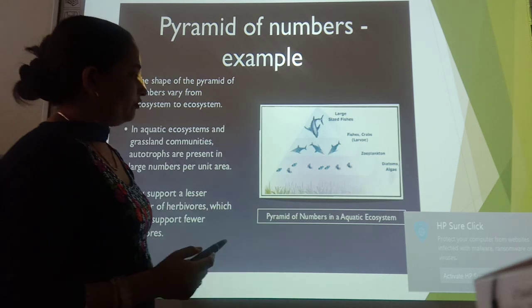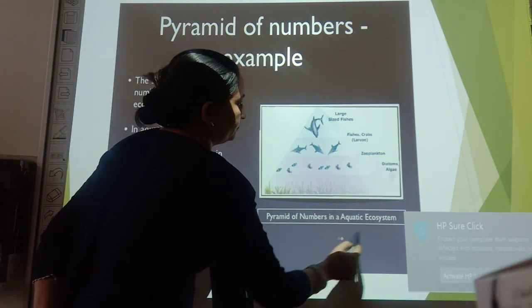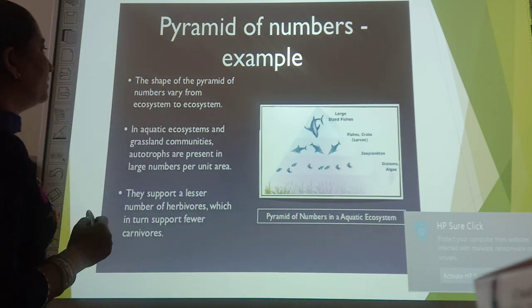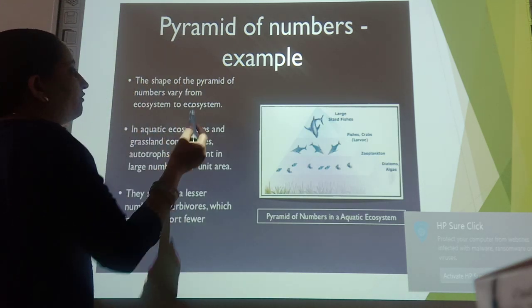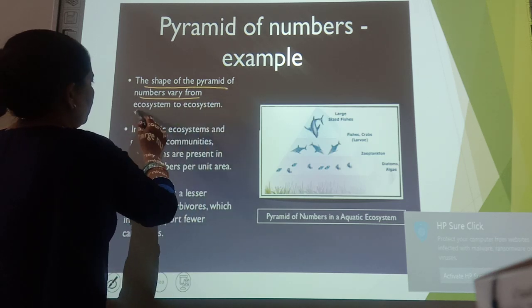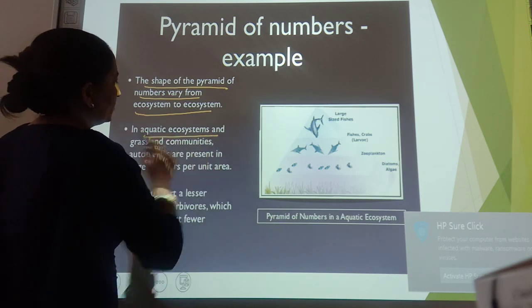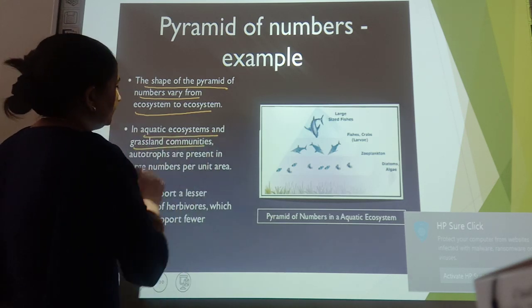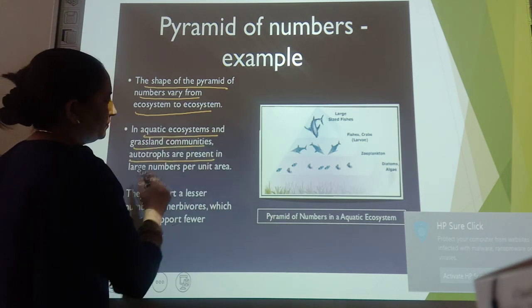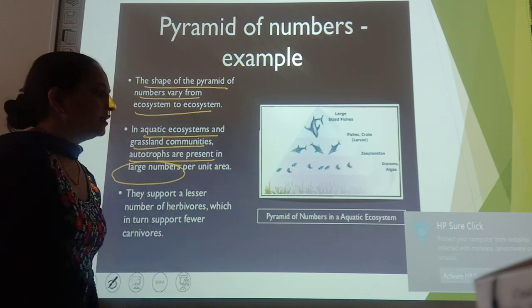In the case of an aquatic ecosystem, the shape of the pyramid of number varies from ecosystem to ecosystem. Here in aquatic ecosystems and grassland communities, autotrophs are present in large number per unit area.